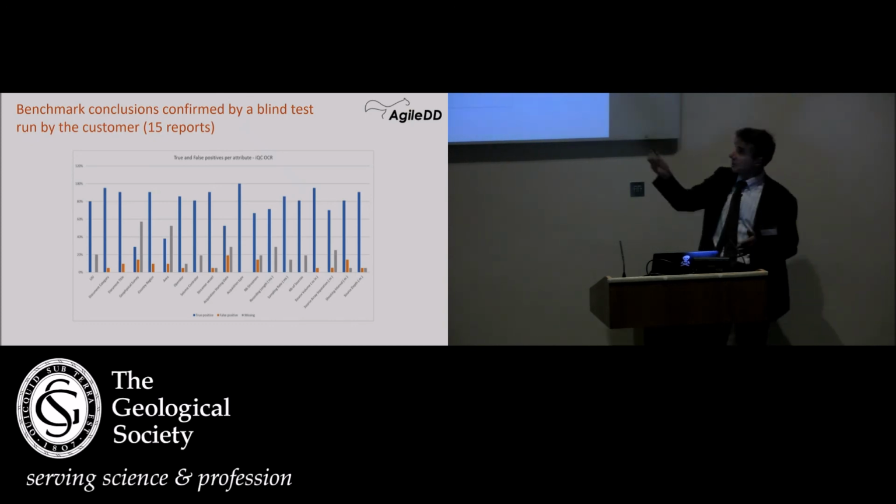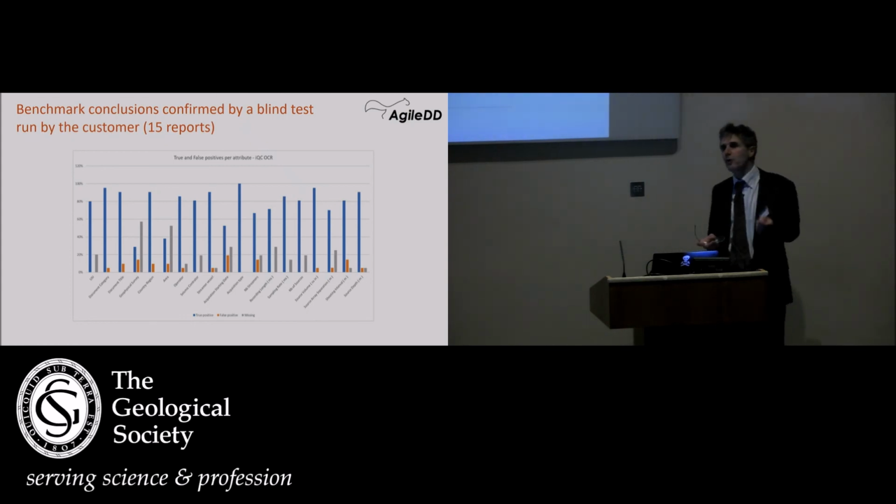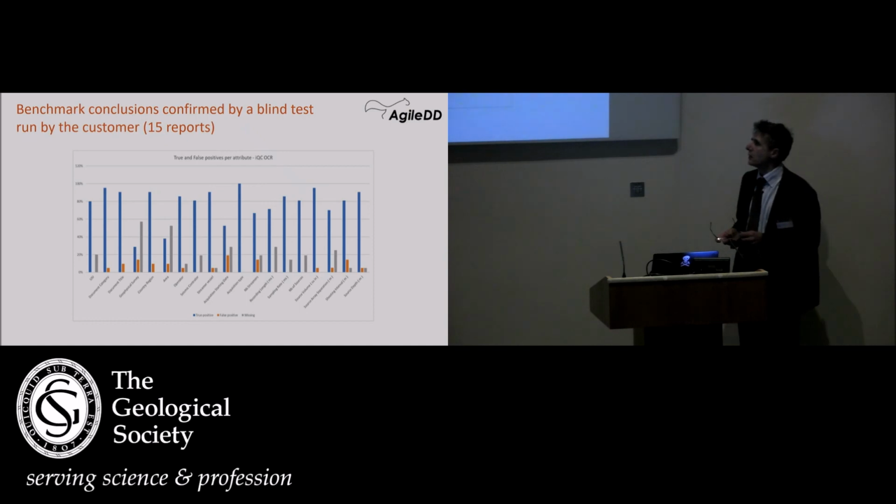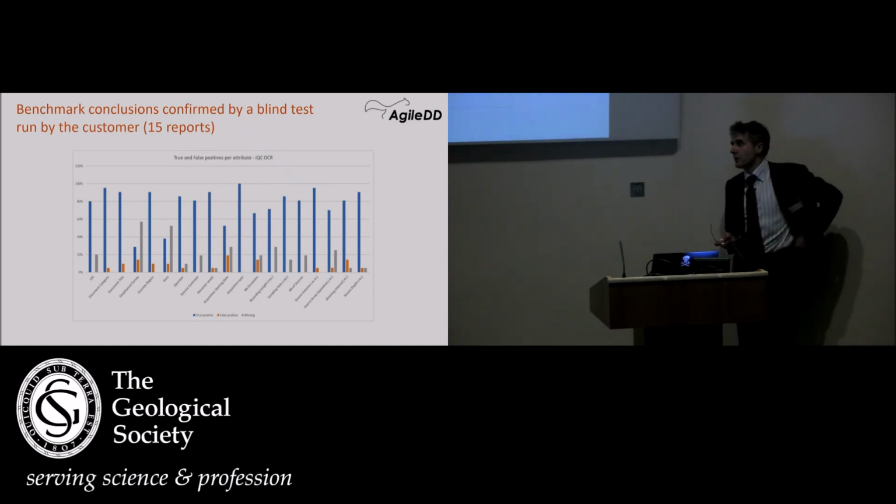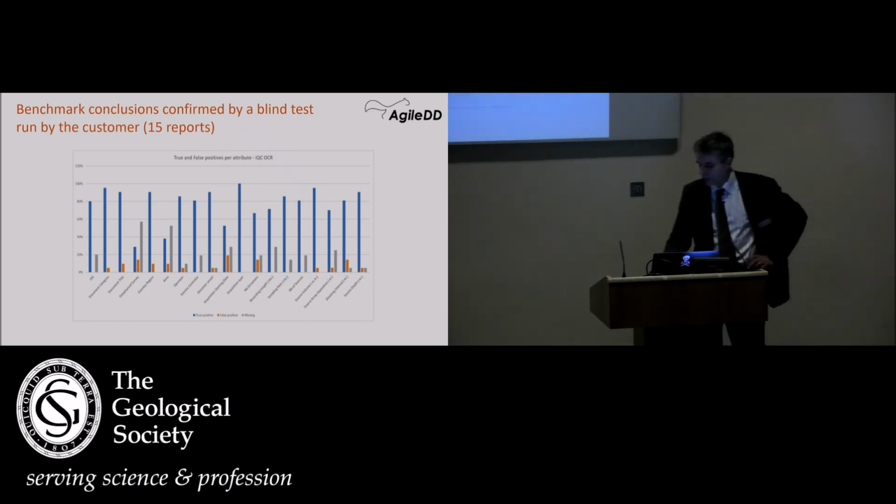So it's very important to make a blind test at the end to have a final measurement of the accuracy and precision of your model, in addition to the training curve.